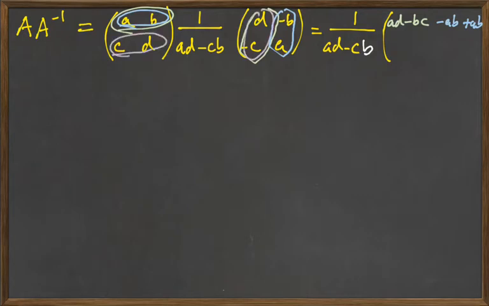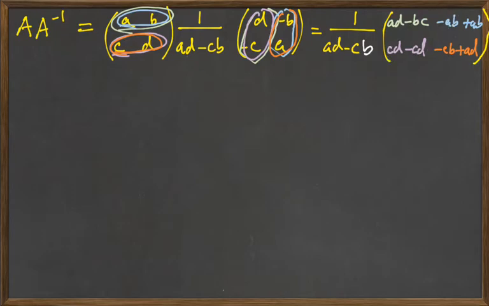Then CD times D, negative C. So that'll give us CD, and then, oh, did I have a minus sign? I sure did. And then D times negative C will be a negative CD. And then finally CD times negative B and positive A. So it'll give us negative CB plus AD. Now this diagonal here, that's going to drop out because you have the CD and minus CD, and then negative AB and positive AB.